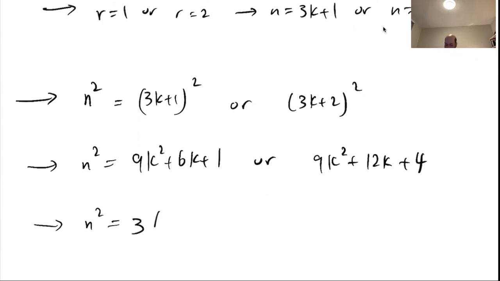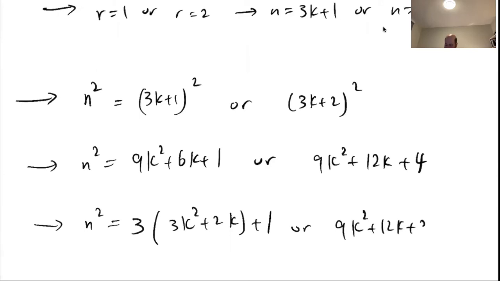Now I can take 3 common, plus 1. In this case, I can write it first of the form 9k squared plus 12k plus 3 plus 1, right? I can write 4 as 3 plus 1. Why did I do that? Because I want to take 3 out.